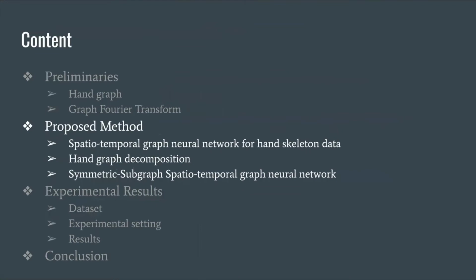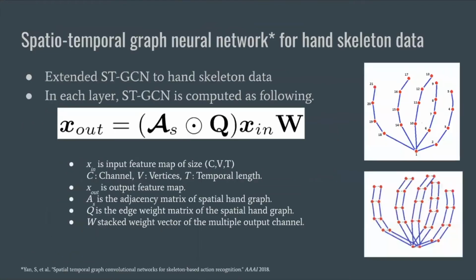Next, I'll move on to our proposed method. So first, I'll talk about the spatio-temporal graph neural network. Yan et al. proposed the spatio-temporal graph neural network for full body skeleton data. In this paper, we are proposing a spatio-temporal graph neural network for hand skeleton data.